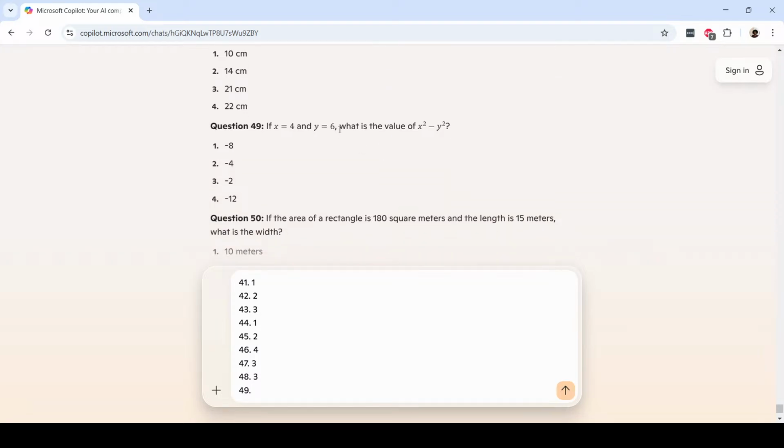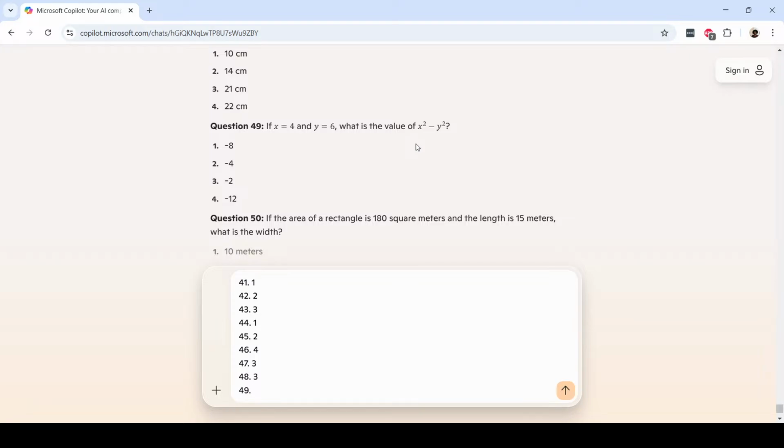X is 4, y is 6. What is the value of this? 16 plus 36, which becomes... Oh, it's minus, sorry. So 16 minus 36, minus 20.